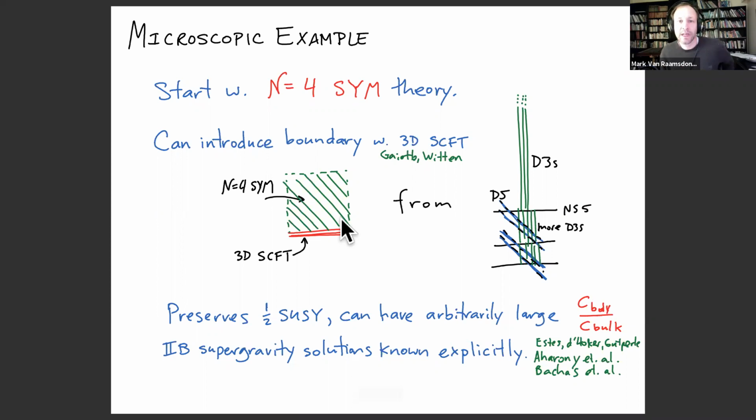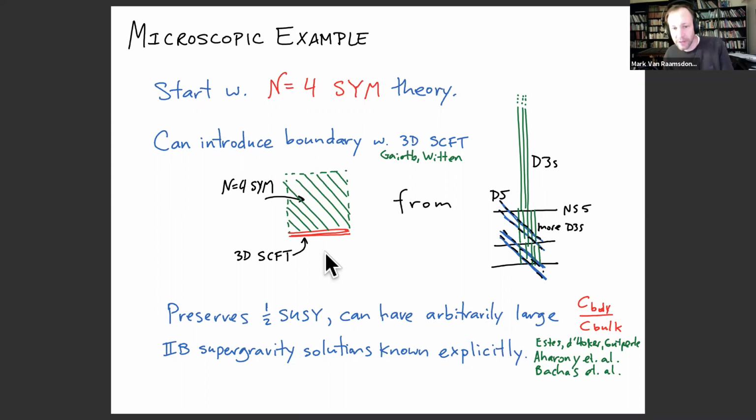What I'm going to do is use 3D theories that can individually couple in a supersymmetric way to N=4 super Yang-Mills theory, just because that is going to give me the most control. But then ultimately I will be breaking supersymmetry. The combination of the two boundaries will break supersymmetry.